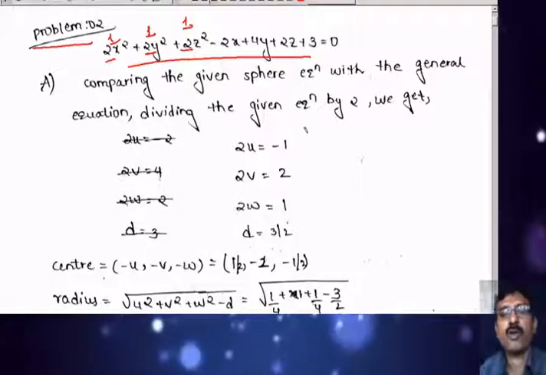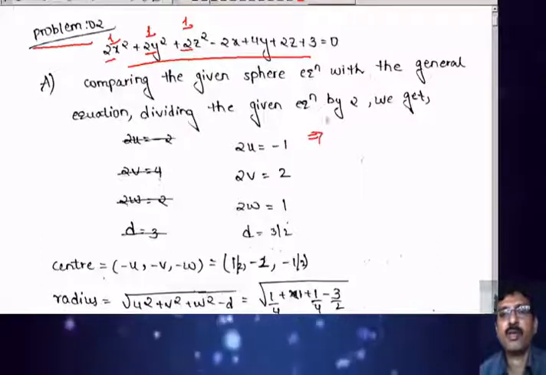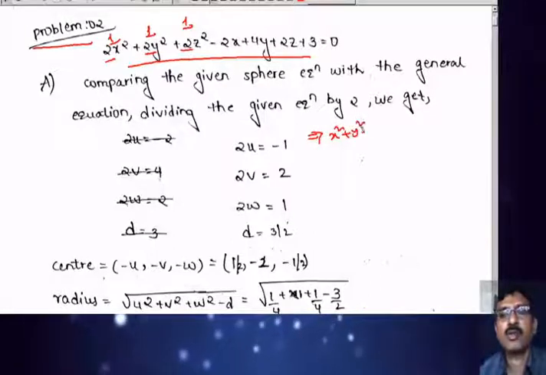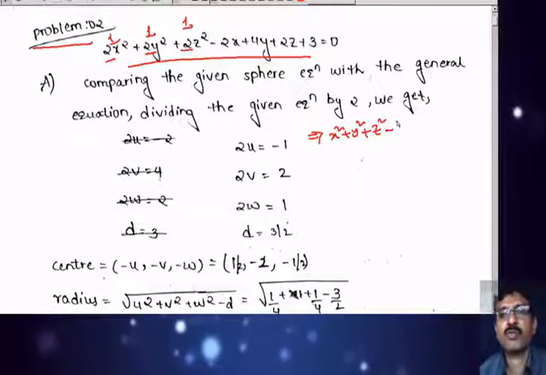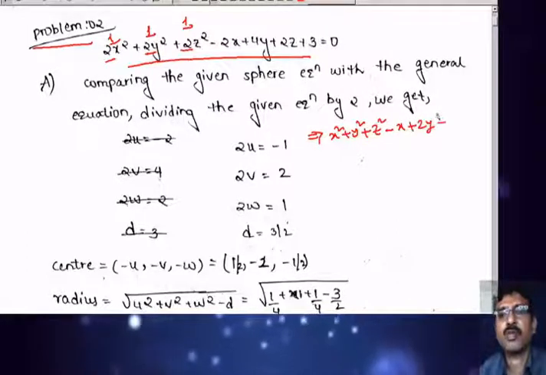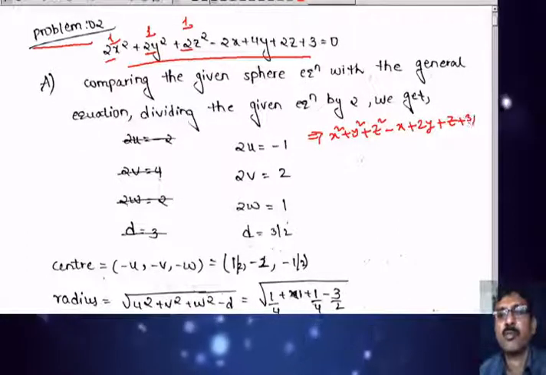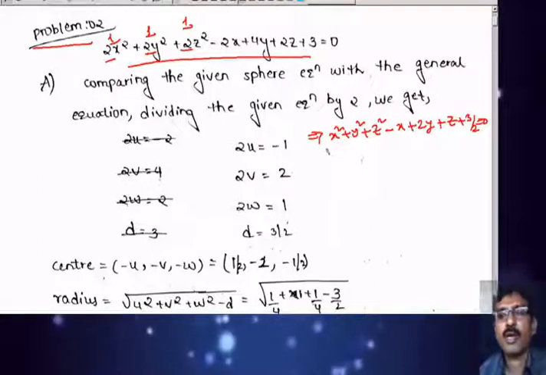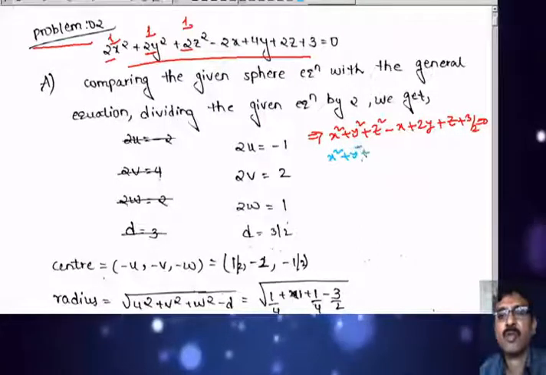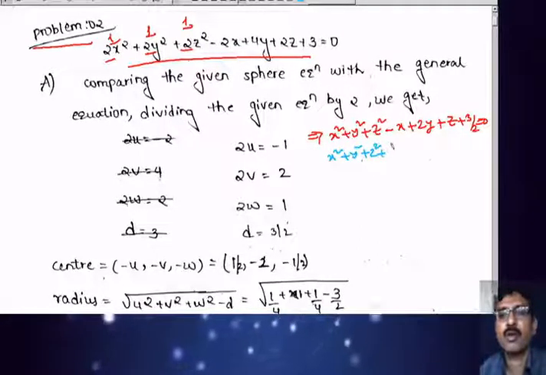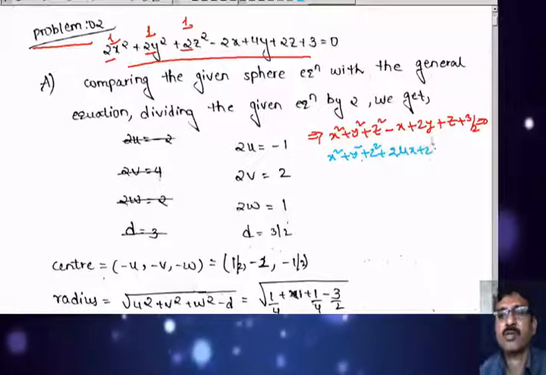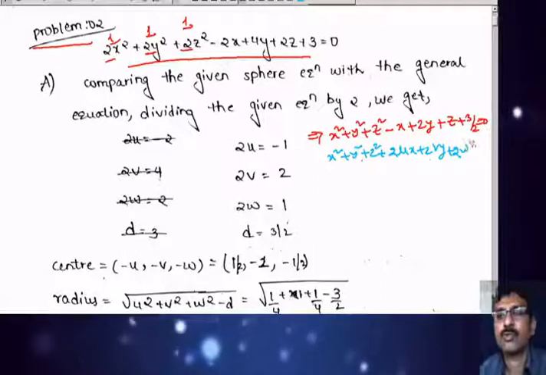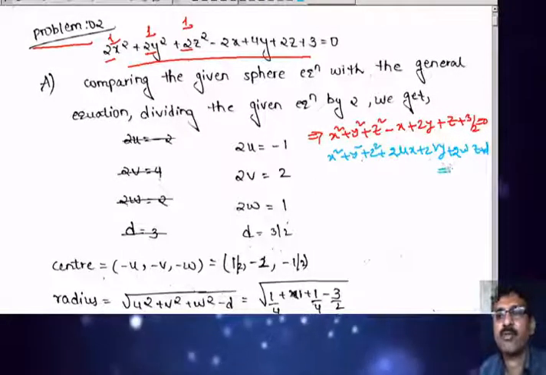Dividing the equation by 2 on both sides, we get x square plus y square plus z square minus x plus 2y plus z plus 3 by 2 equal to 0. Now compare this with x square plus y square plus z square plus 2ux plus 2vy plus 2wz plus d equal to 0.